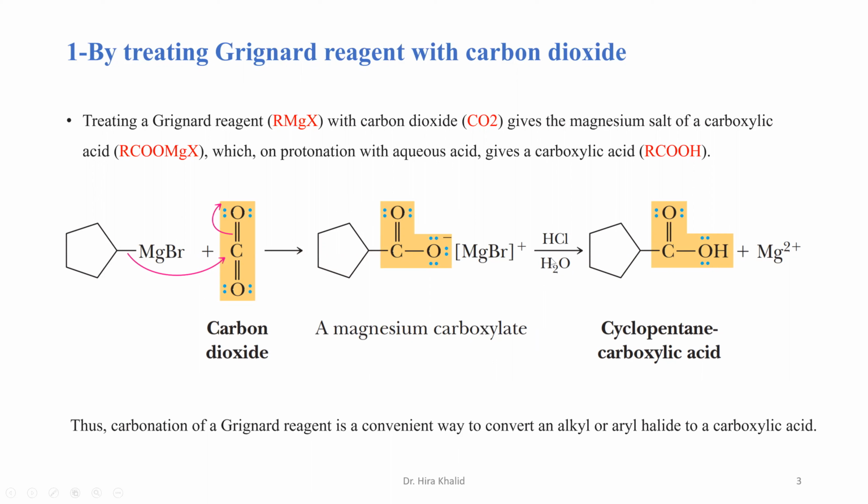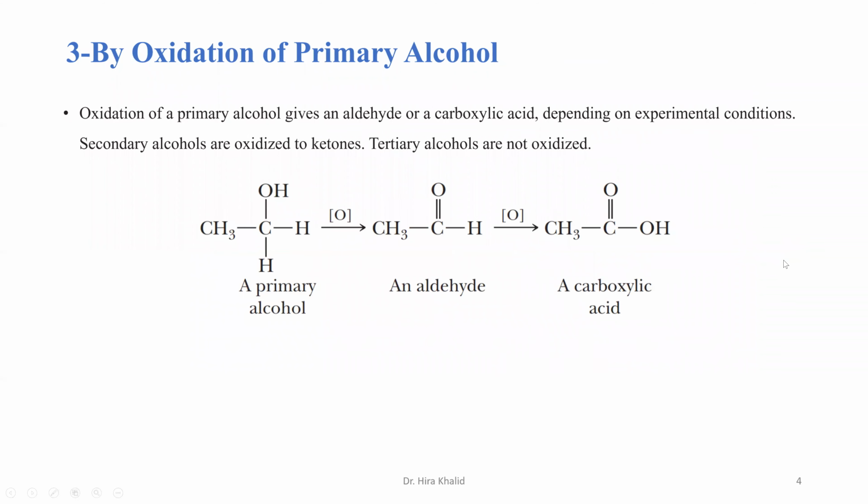Now when we go for the aqueous protonation of that magnesium salt, we eventually get the OH, because the hydration comes from here, and the magnesium bromide is released. The rest are different byproducts we are getting here, right?